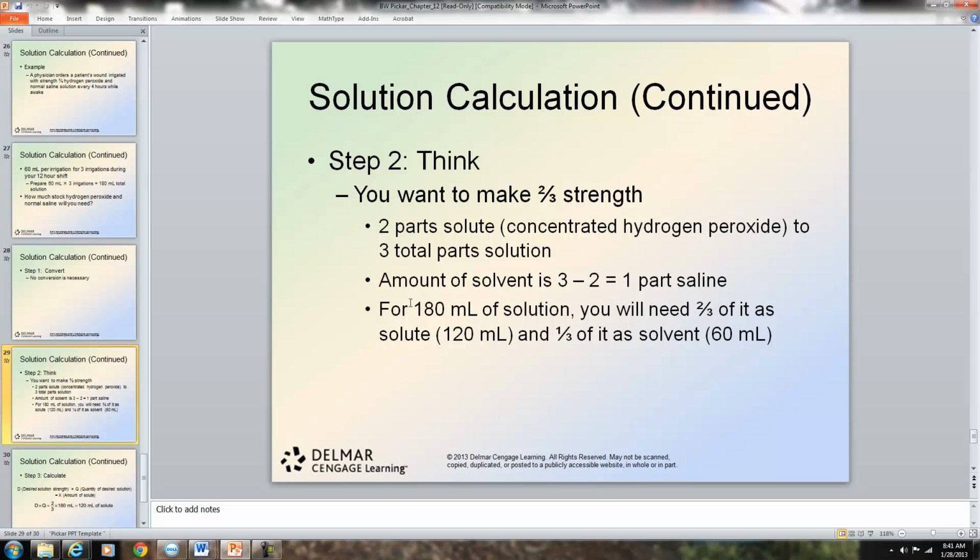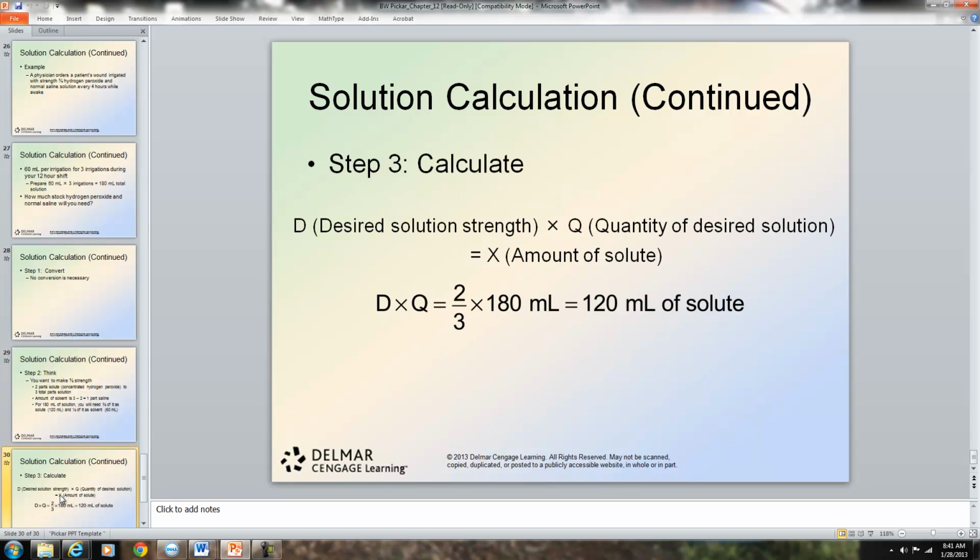So 1/3 of 180 would be 60. The desired strength, 2/3, times the quantity, 180 milliliters, means I need 120 milliliters of solute.